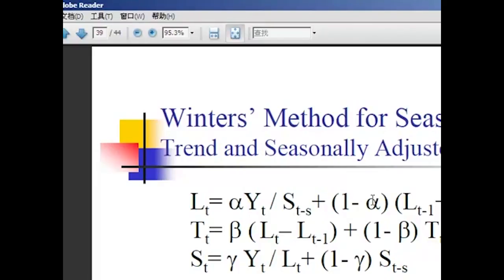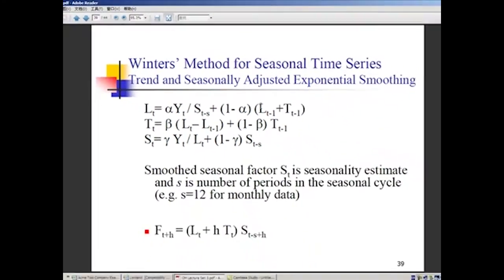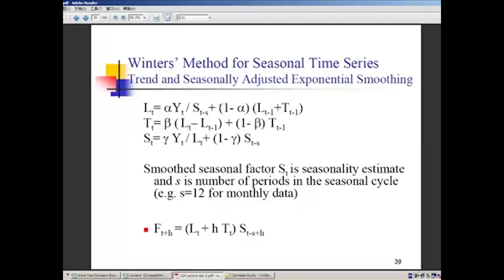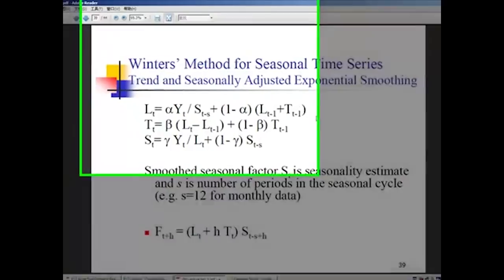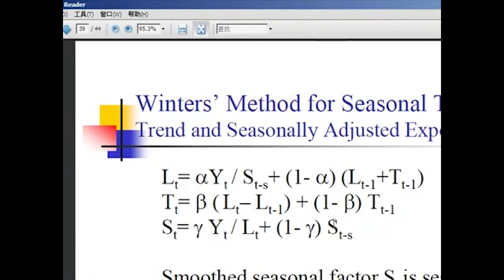Here, if we assume it's monthly or quarterly sales data, we look at the same quarter last year or the same month last year. Another part here is the same as the Holt model. And for the trend estimate, there's no change, using the same formula.